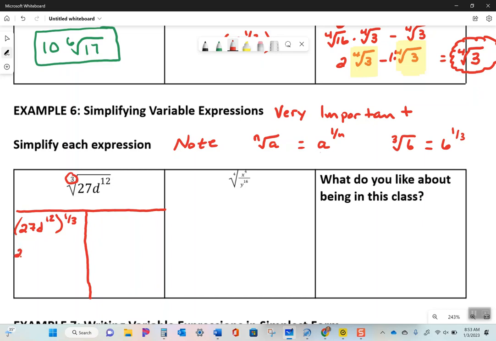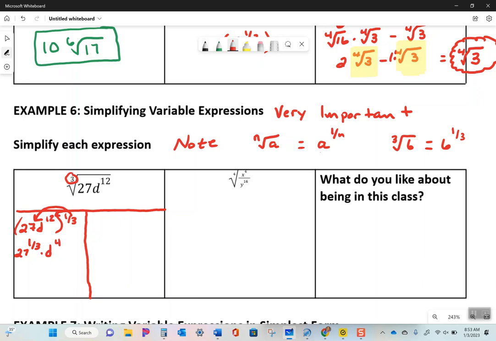It means 27 to the 1/3 when I bring that in here and here. That should be 27 to the 1/3 power. It looked like a 43, didn't it? What's 1/3 of 12 going to be?